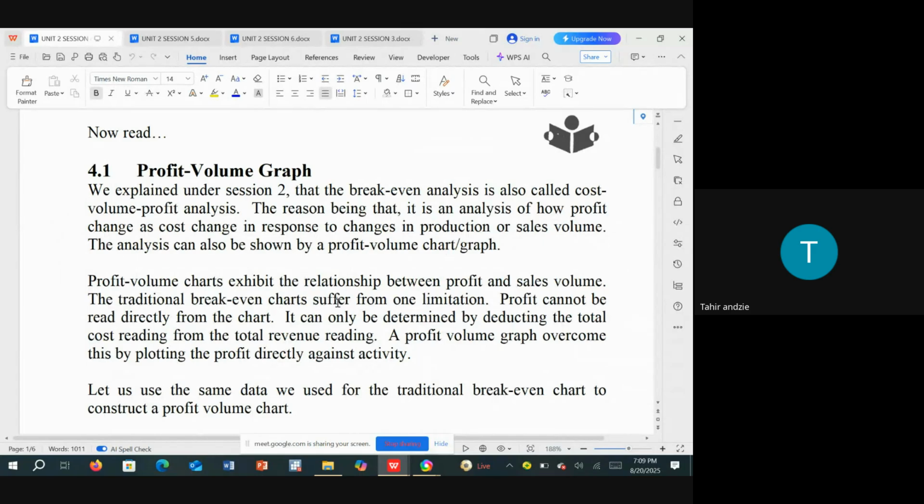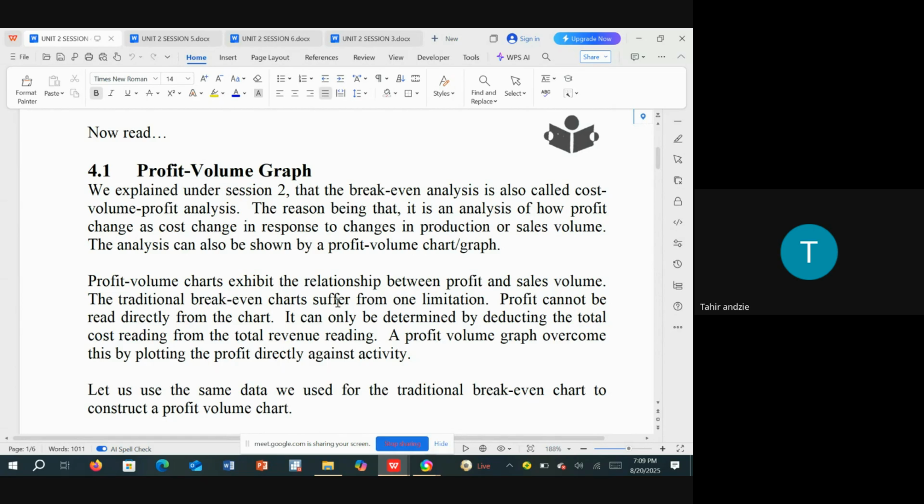The traditional break-even charts that we did suffer from one limitation, and this limitation is that profit cannot be read directly from the chart. It can only be determined by deducting the total costs reading from the total revenue reading.